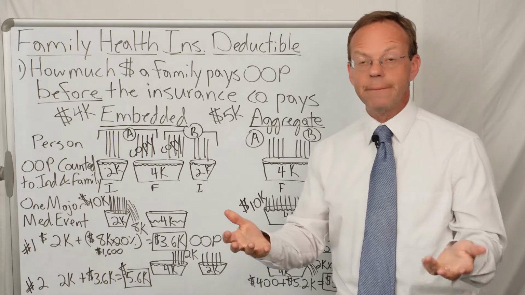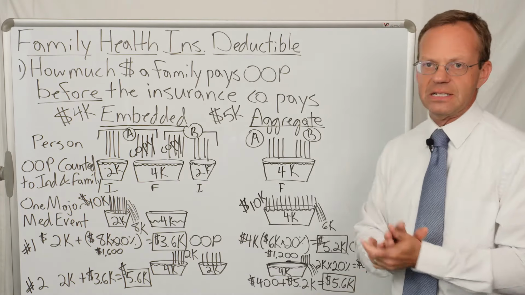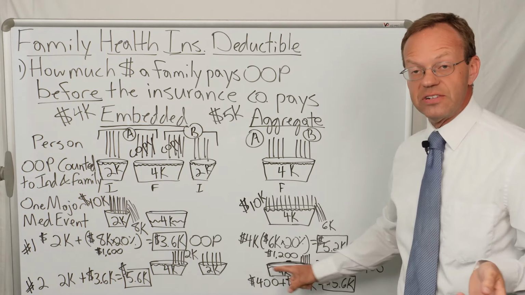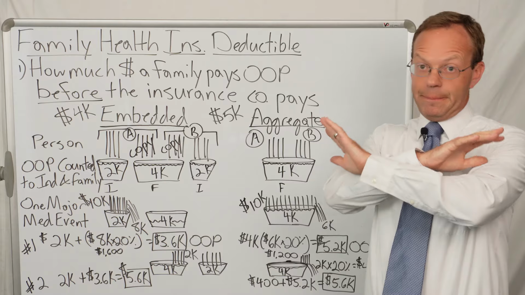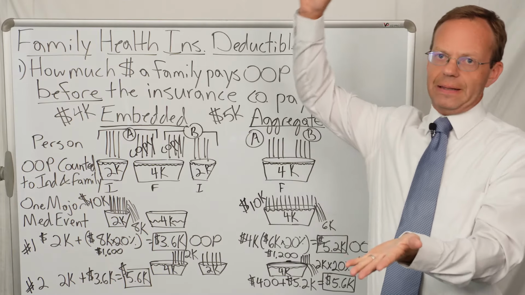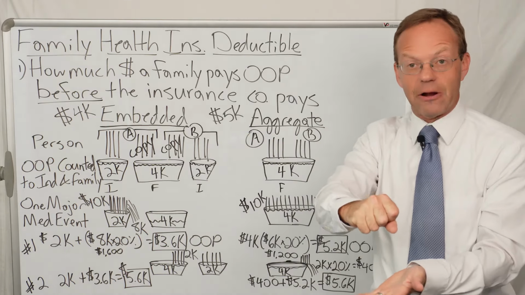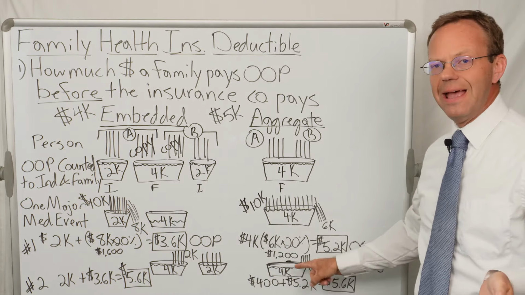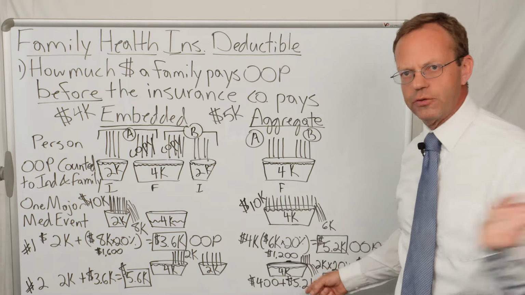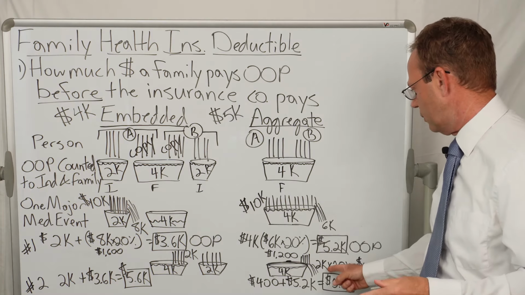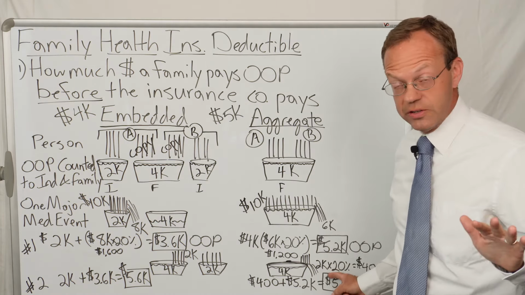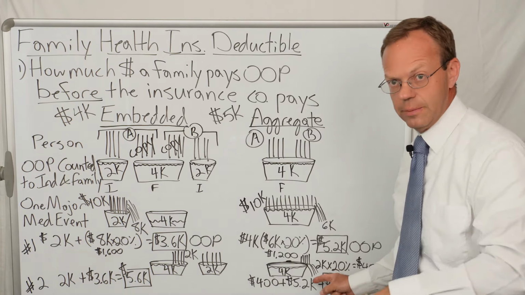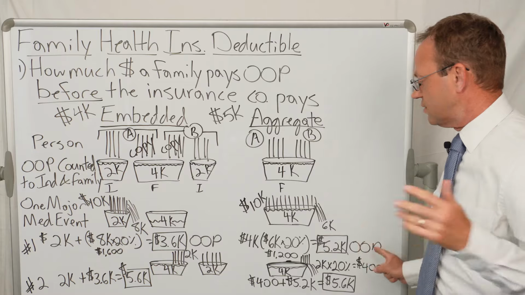Now let's use that same person number 2 in the aggregate deductible example. In this case, the $4,000 family deductible has been met completely by person number 1. You can think of a lid being put on the aggregate bucket. No more water is going into that bucket, so the water comes down and completely splashes over to the side. All $2,000 splashes over to the side, and you're only paying coinsurance on that $2,000. $2,000 times 20% coinsurance is $400.